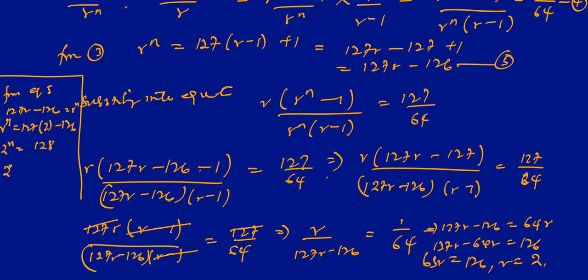So 2 raised to the power of n is equal to 2 raised to the power of 7. So n will be equal to 7. Therefore, the number of terms is 7. N is equal to 7 and R is equal to 2.